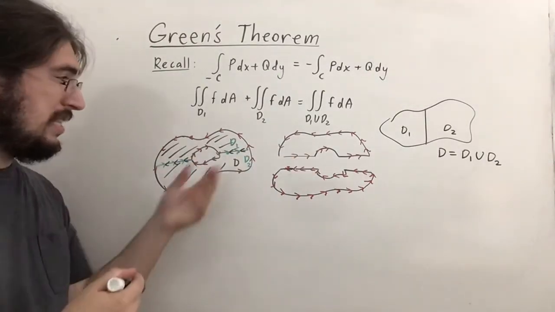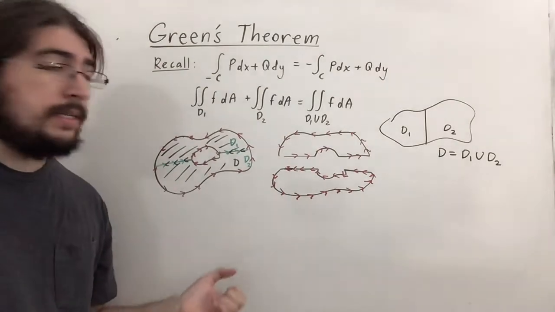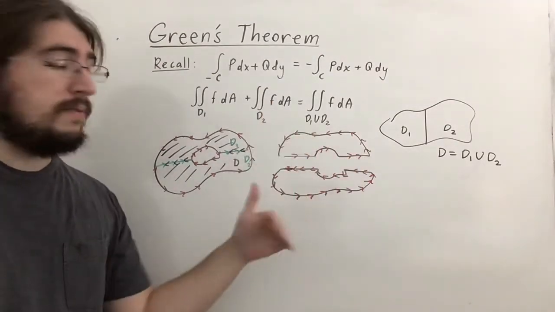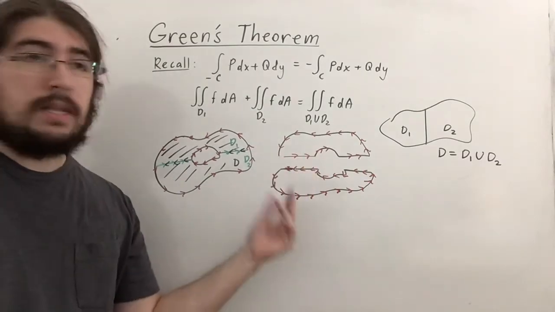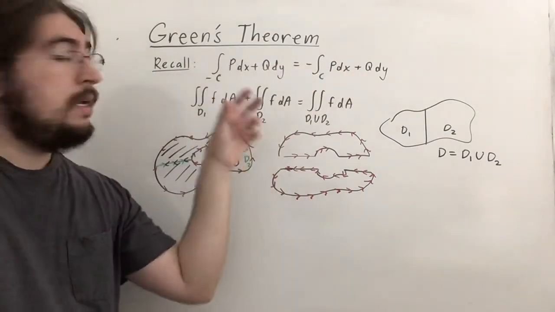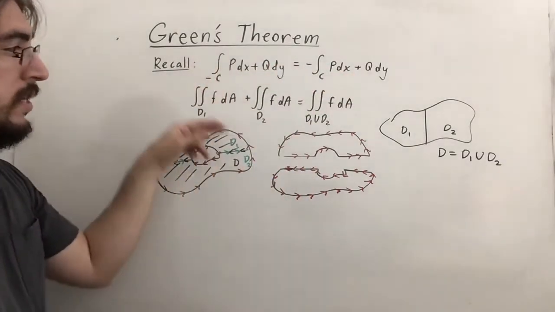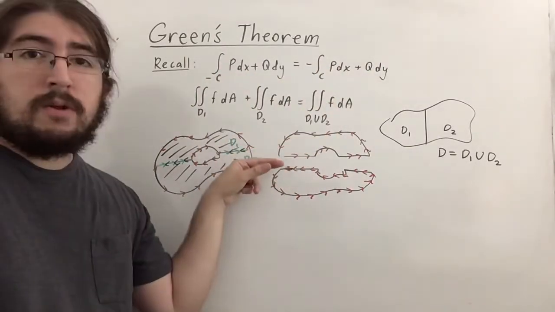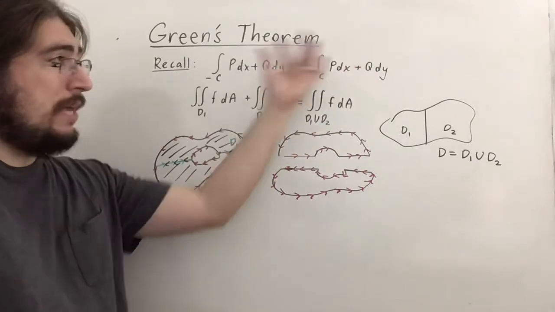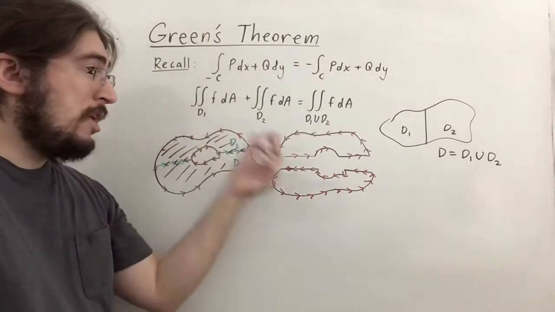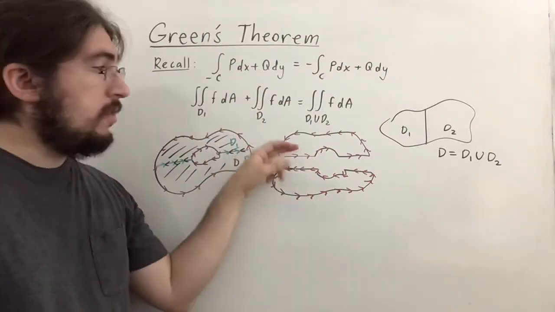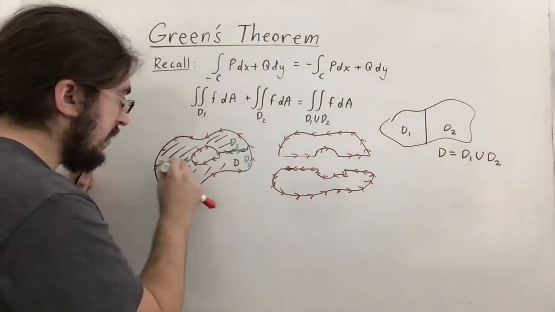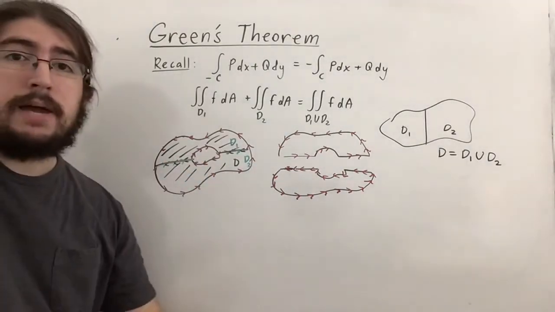In other words, these lines don't make a difference, because for these segments of these respective curves, they actually cancel out. Since the integral over the negatively orientated one is equal to negative the integral of a positively orientated one, when you add them together, you get that they cancel out to 0 over these regions. So on these lines, we actually have cancellation. In other words, they don't actually matter.